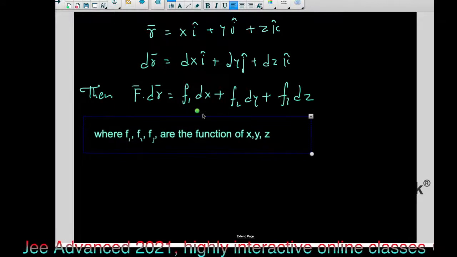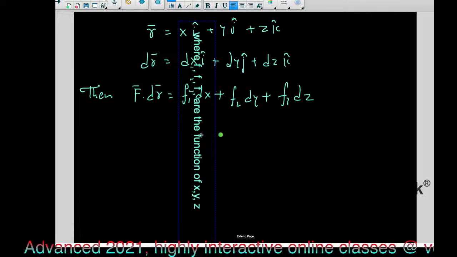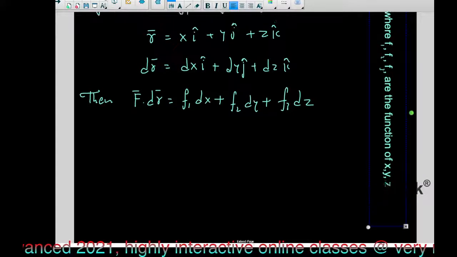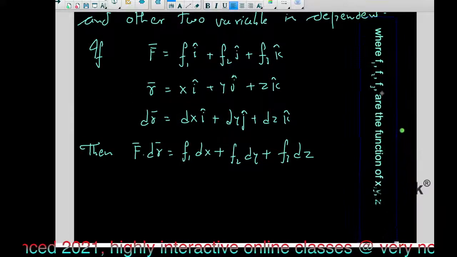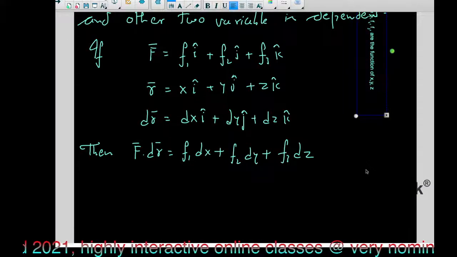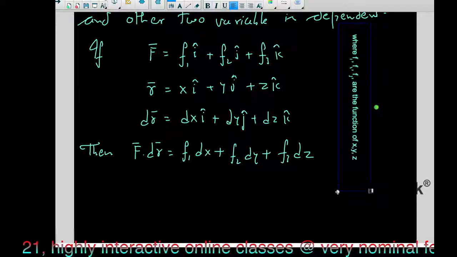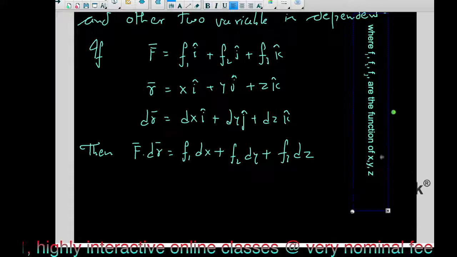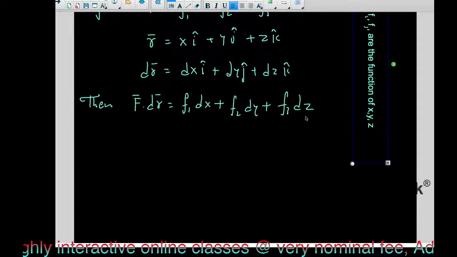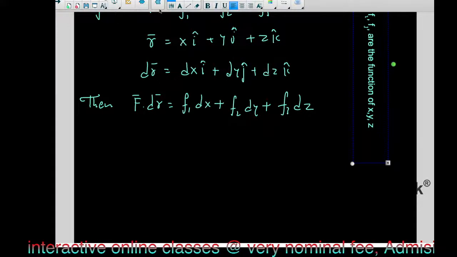Now you say F1, F2, F3 are the functions of x, y, z respectively, and as per that you have to integrate.